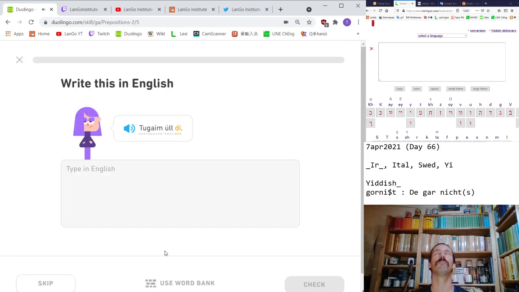Tugaim úll di. Tugaim is give. No, I can't make an apple. Di is a fused one. To her. Off her, to her. It's interesting. Beautiful. I give an apple to her.